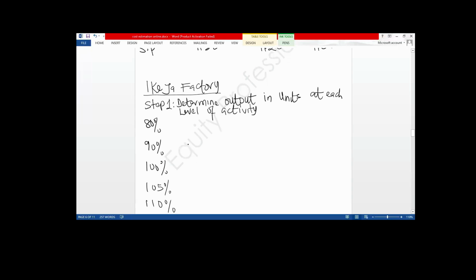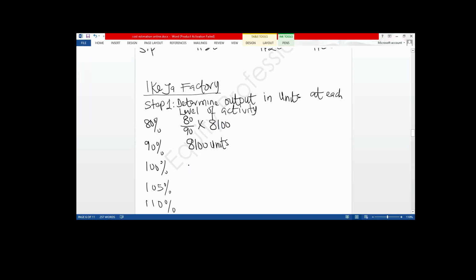At 90%, Ikeja produced 8,100 units. We can now calculate units for other levels. For 80, it becomes 80 over 90 multiplied by 8,100.